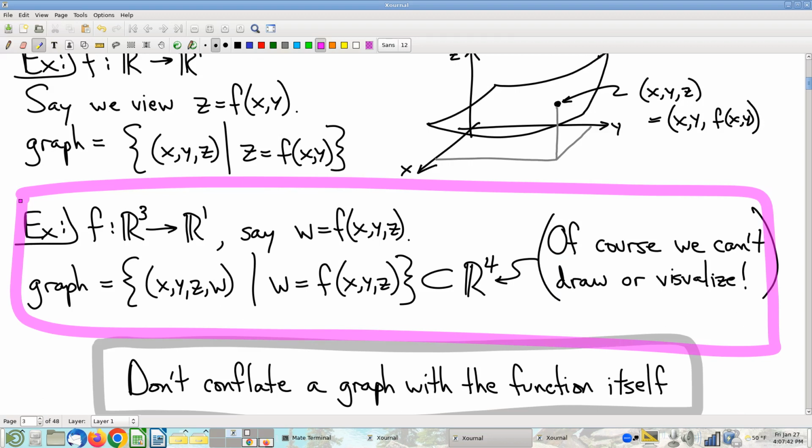So we're in trouble here. We're going to have a lot of functions with 3 input variables, and we're going to need to understand them. It's going to be very useful to have pictures to describe them, and I cannot use their graphs. It just doesn't work.